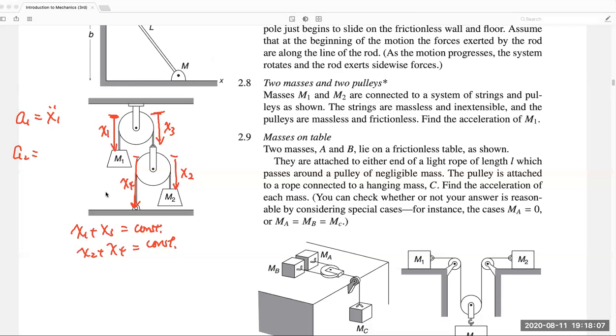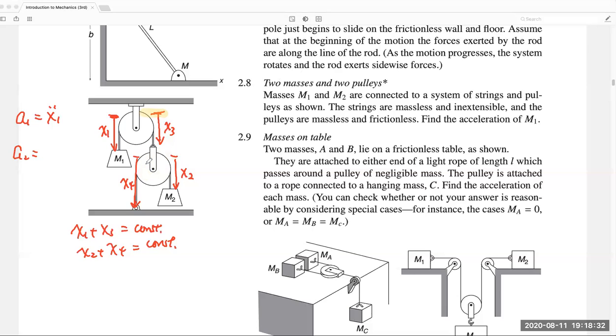Now what you can do, you should look at the diagram, and then you should take a distance or the displacement or the position vector of M2 from a fixed point. Where is a fixed point? This one is a fixed point. This one is not a fixed point because this pulley will move.